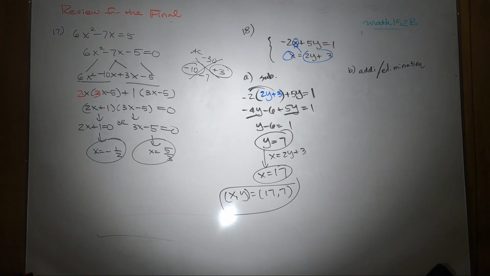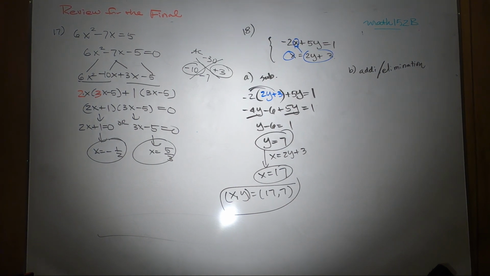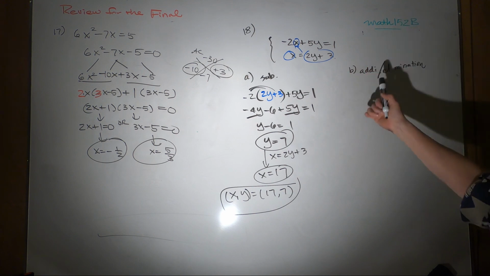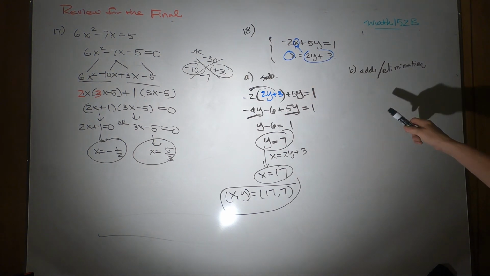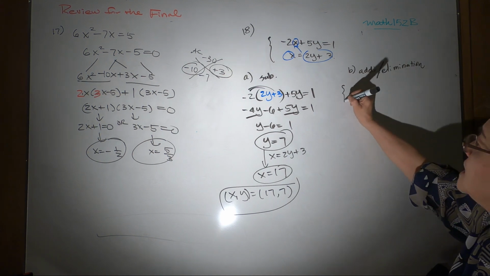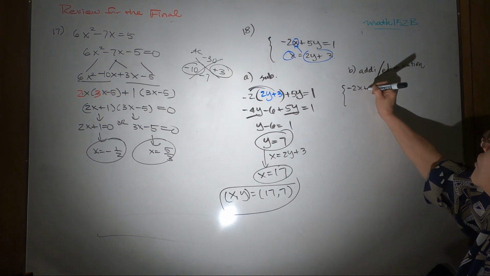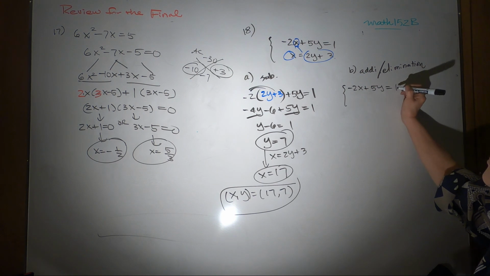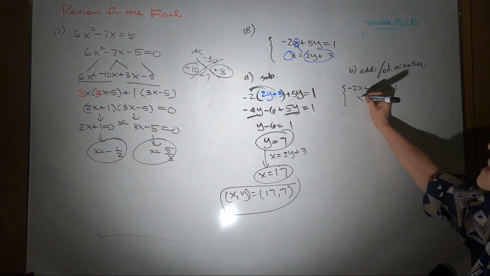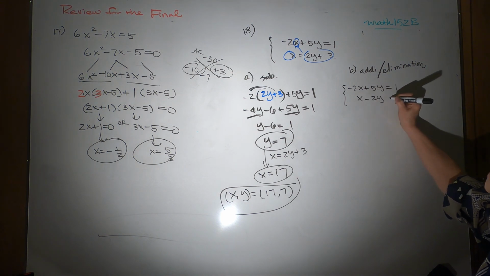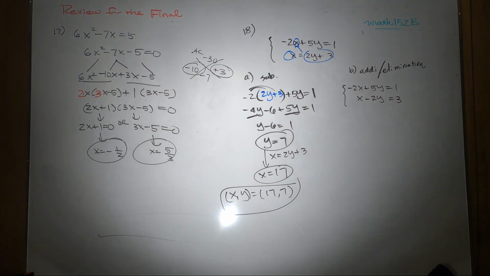Let's do another method, elimination by addition. For substitution, you just substitute in and get a variable by itself. But to do addition or elimination, you need to write the equations in standard form. So for this one, you subtract 2y on both sides, and it becomes x minus 2y equals 3, right?